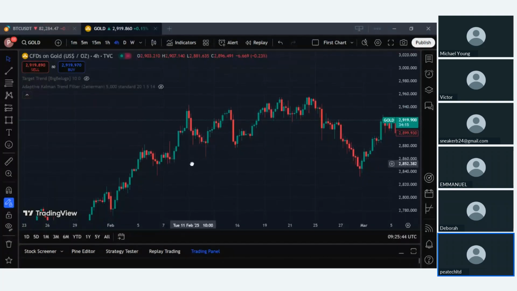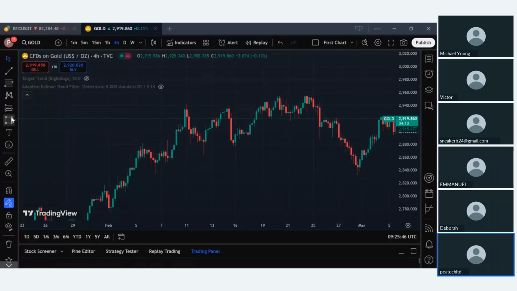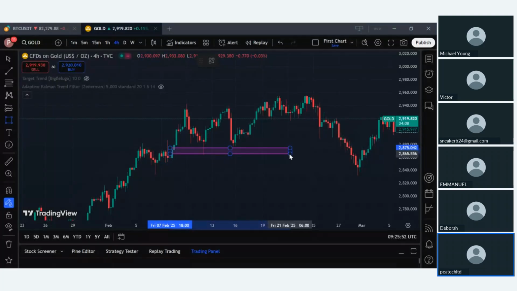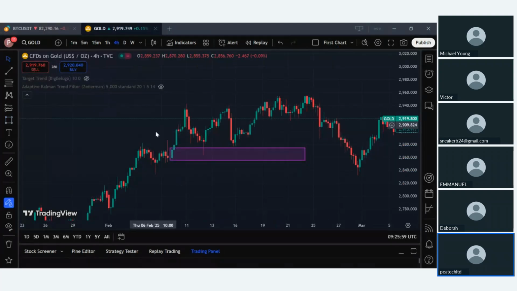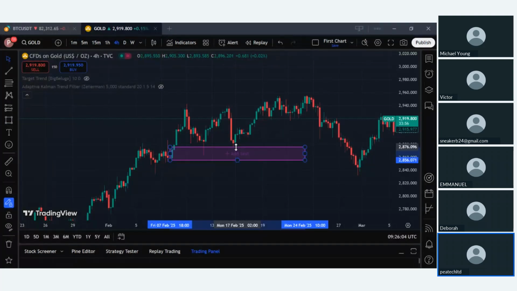So this point, this green candle here, you can see this green candle that I'm drawing. Let me complete it to the wick.